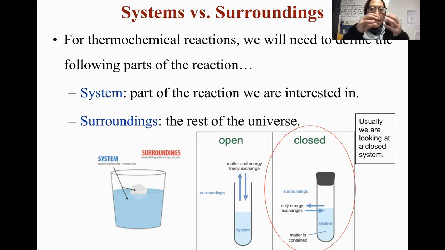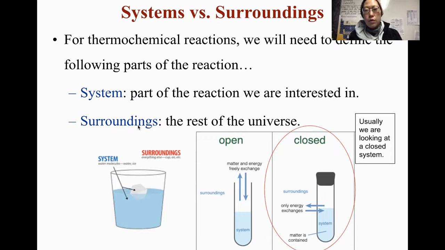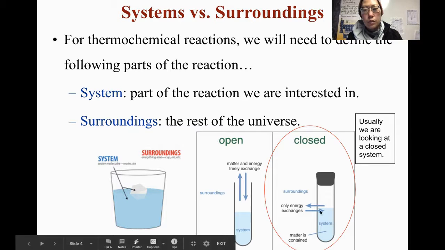And then everything around that reaction is the surroundings. So system is basically what we're interested in, and the surroundings are the rest. If you put these two things together, the system and the surroundings, they equal the universe. Now, in chemistry, usually we are looking at a closed system where energy can exchange, but matter cannot, usually.